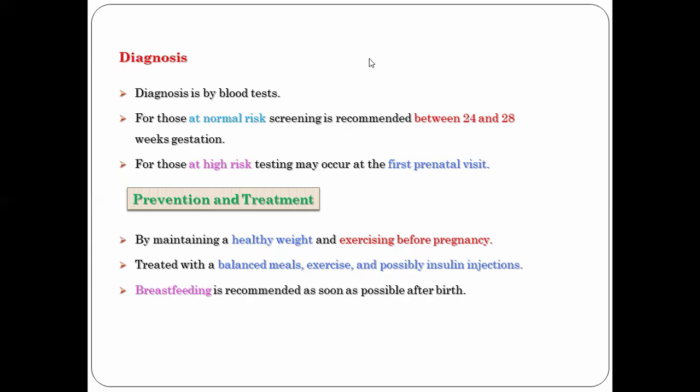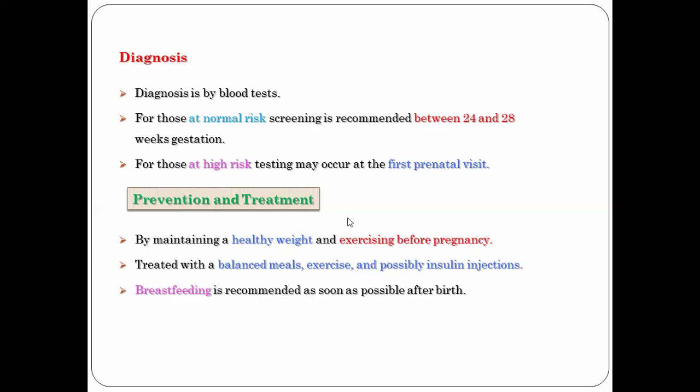My advice is that before planning, we have to go for a healthy lifestyle. We have to choose a healthy dietary pattern. We have to follow regular exercise and physical activity. According to your height, if your weight is maintained, then you can go for planning. And then get advice from your doctor, gynecologist. So that is one of the major preventive aspects.